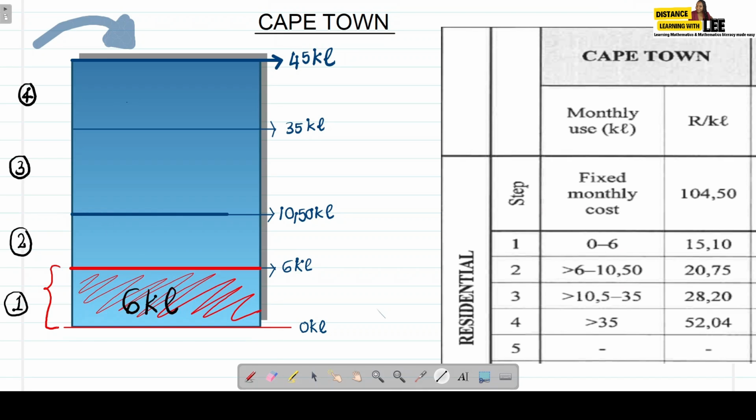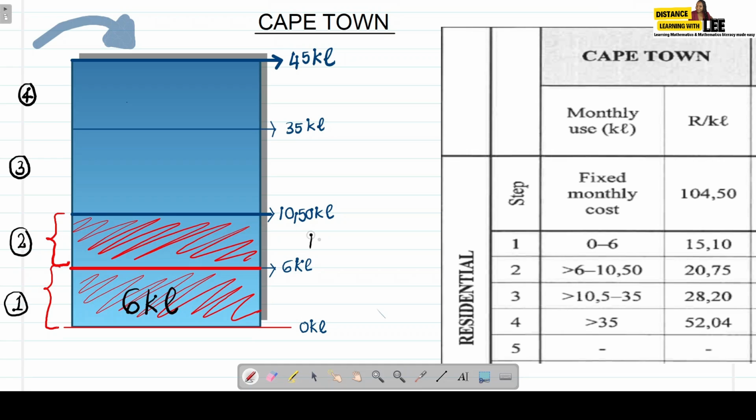Until we reach our 10.50 kiloliters mark. So now we've basically poured 10.5 kiloliters of water. However, we just want to know how much water was poured in our region 2. So how do we get that amount?